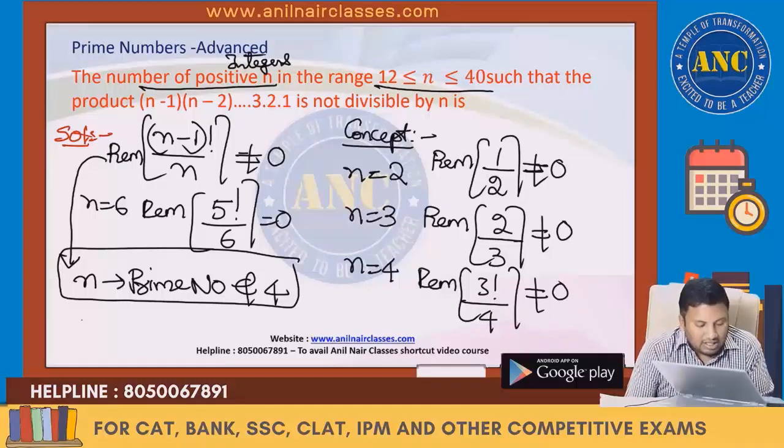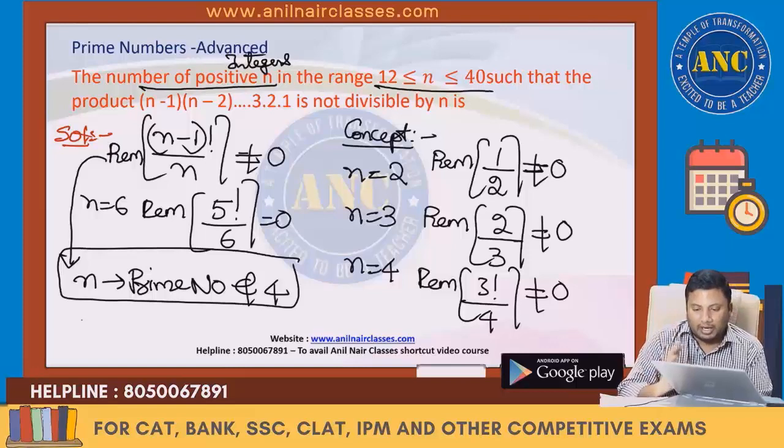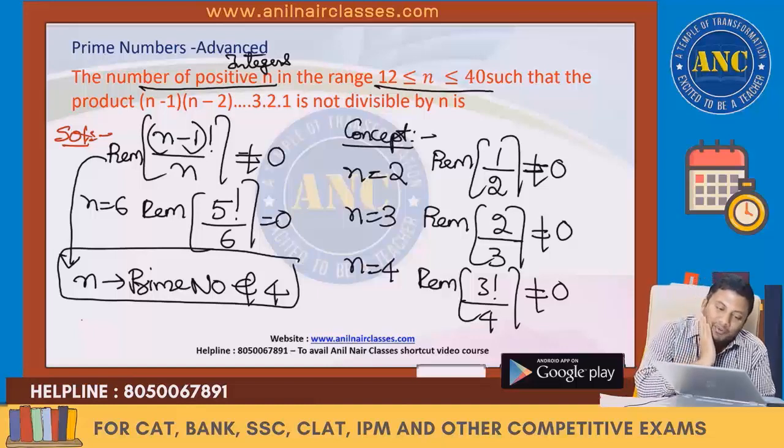If the remainder is not equivalent to 0, that means n should be a prime number and 4. n equals 4 is the only composite number, right? That is 4. Even for n equal to 1, (1 minus 1) factorial, 0 factorial, divided by 1 is 0.